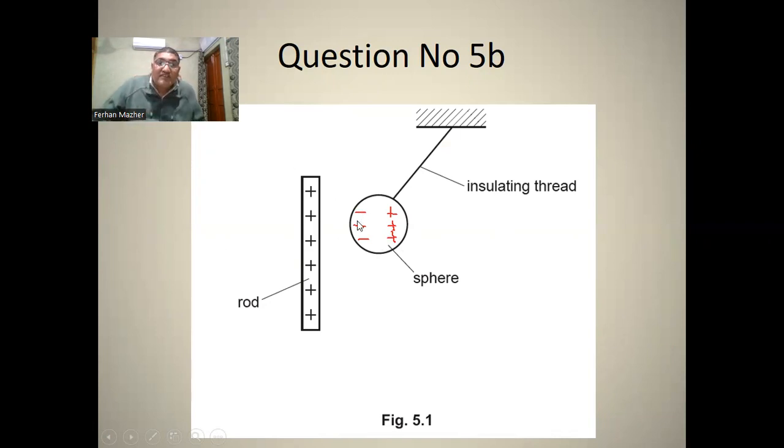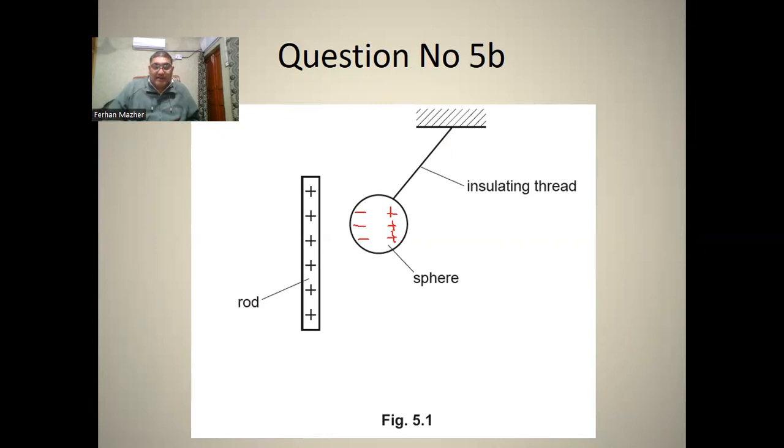Because the distance between the left end and the rod is smaller, the force of attraction will be larger. And the distance between the right end, which is positive, and this positive rod is larger as compared to this distance. So here the force of repulsion will be less as compared to the force of attraction between the left end and the rod. So because the force of attraction as a whole will be more than the force of repulsion, the metal sphere will be attracted to the positive rod.